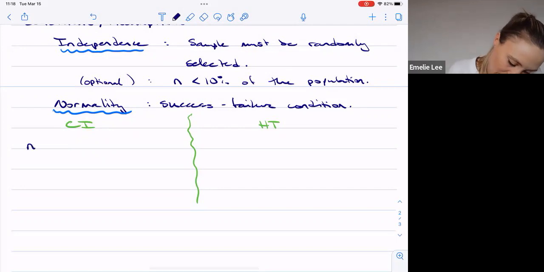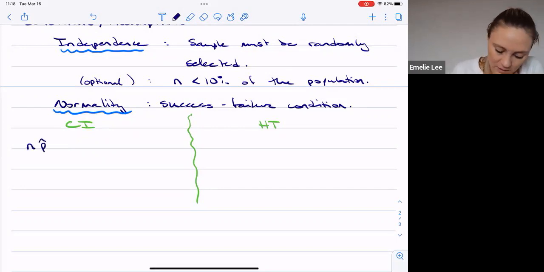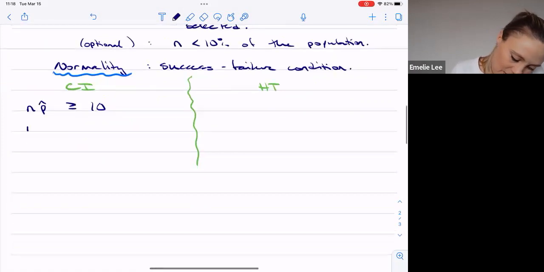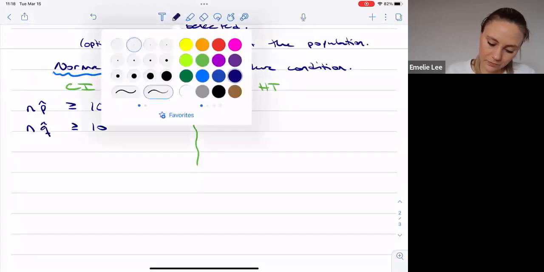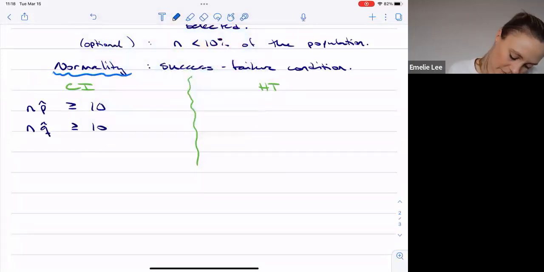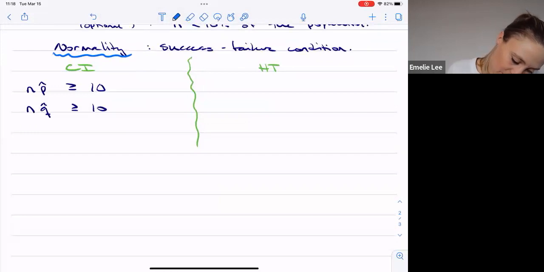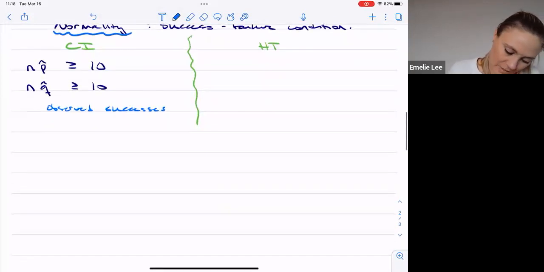I have to have n times p hat greater than or equal to 10, and n times q hat greater than or equal to 10. These are my observed successes and failures, right? These are my observed successes and failures.